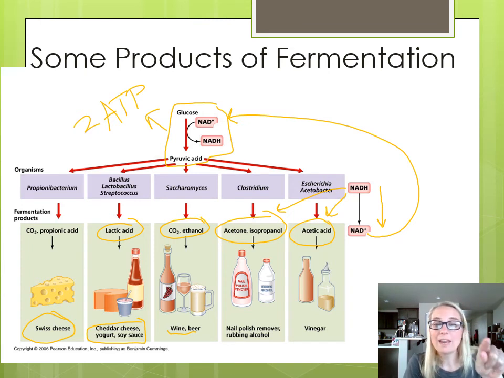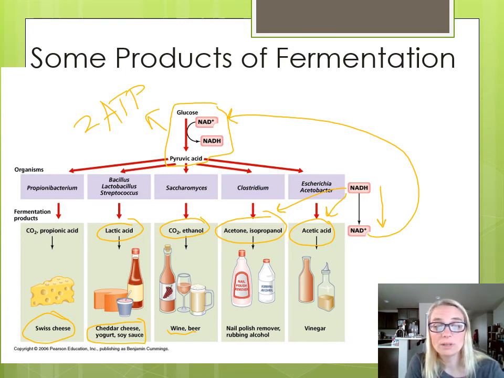So the NAD plus gets reduced into NADH to drive glycolysis to make your ATPs. Then fermentation turns around, swaps those electrons, and produces NAD plus to allow for glycolysis to keep going. It's all very interesting. Cool little connection there.